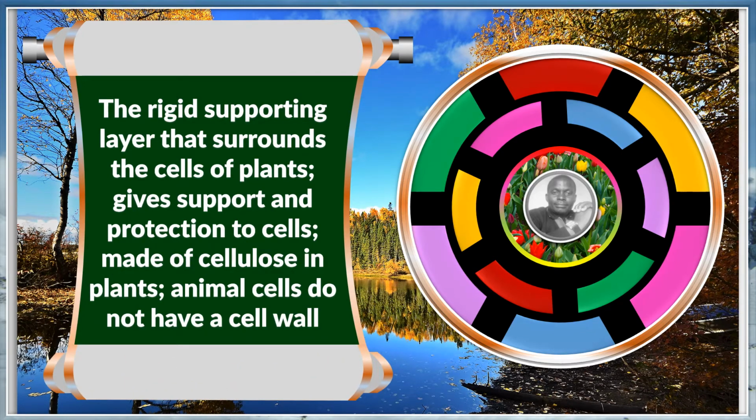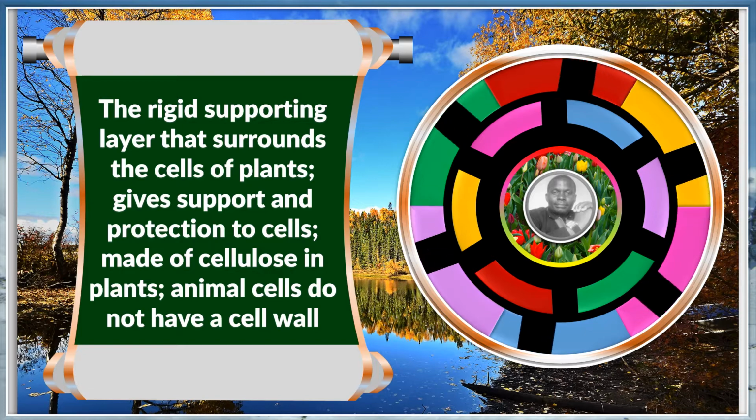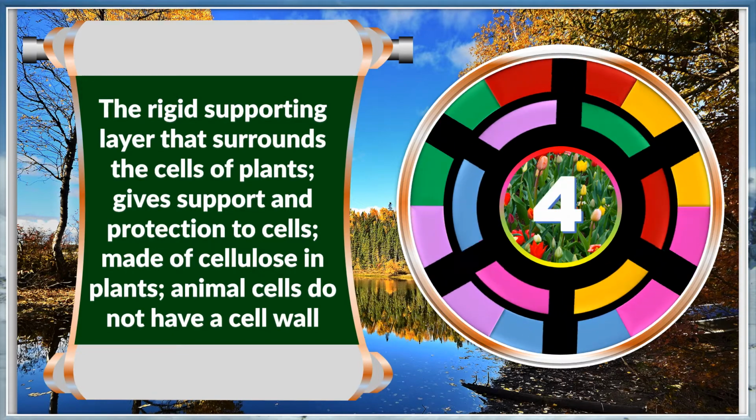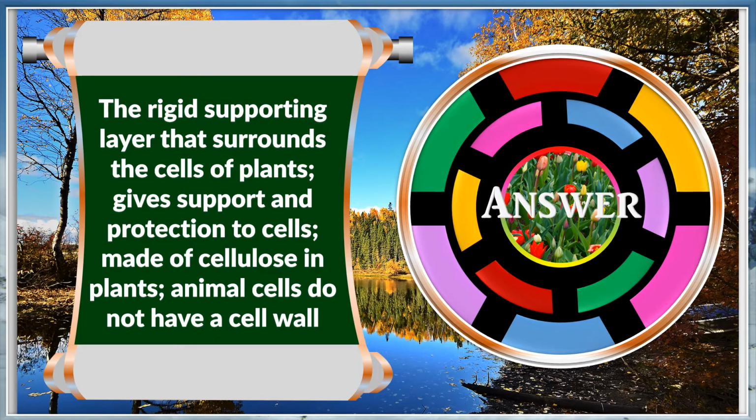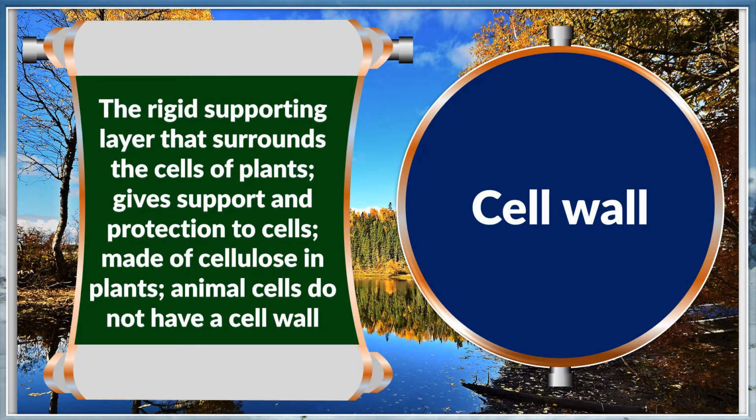The rigid supporting layer that surrounds the cells of plants, giving support and protection to cells, made of cellulose. In plants, animal cells do not have a cell wall. Cell wall.